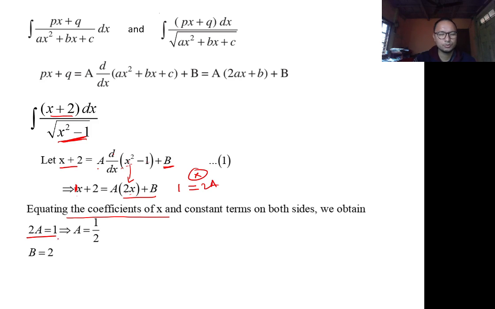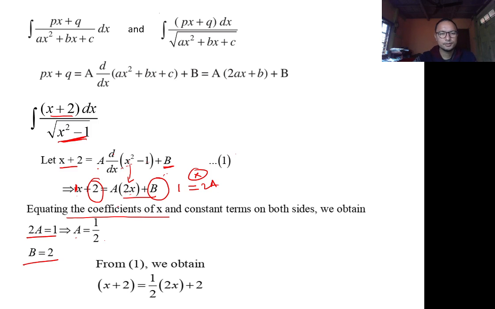So 2a is equal to 1, so a is equal to half. Now the constant term: b is my constant term. Right hand side, left hand side 2. So b is equal to 2. Now put back the values.